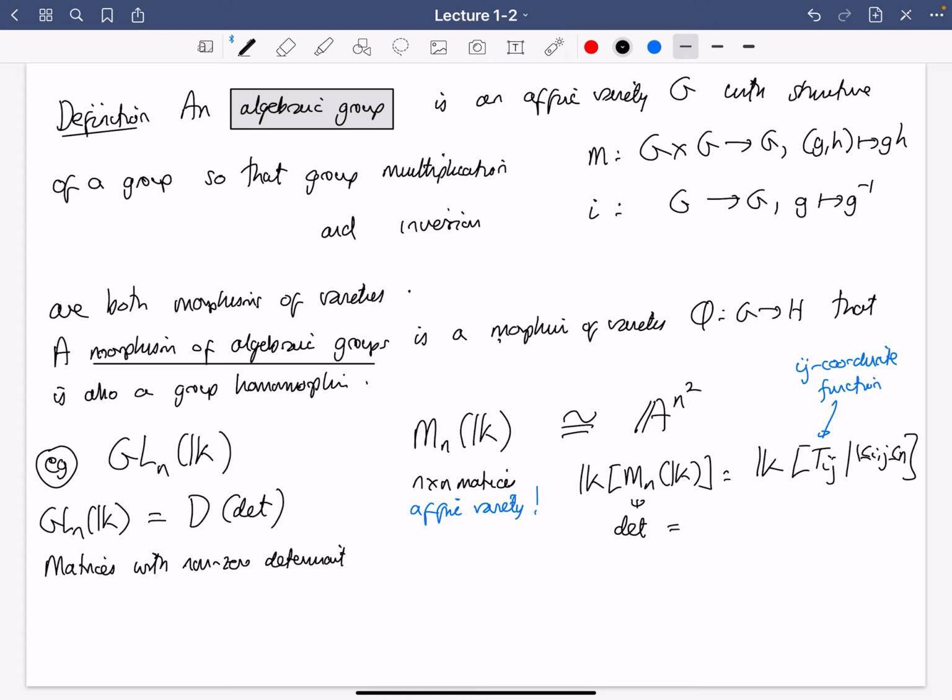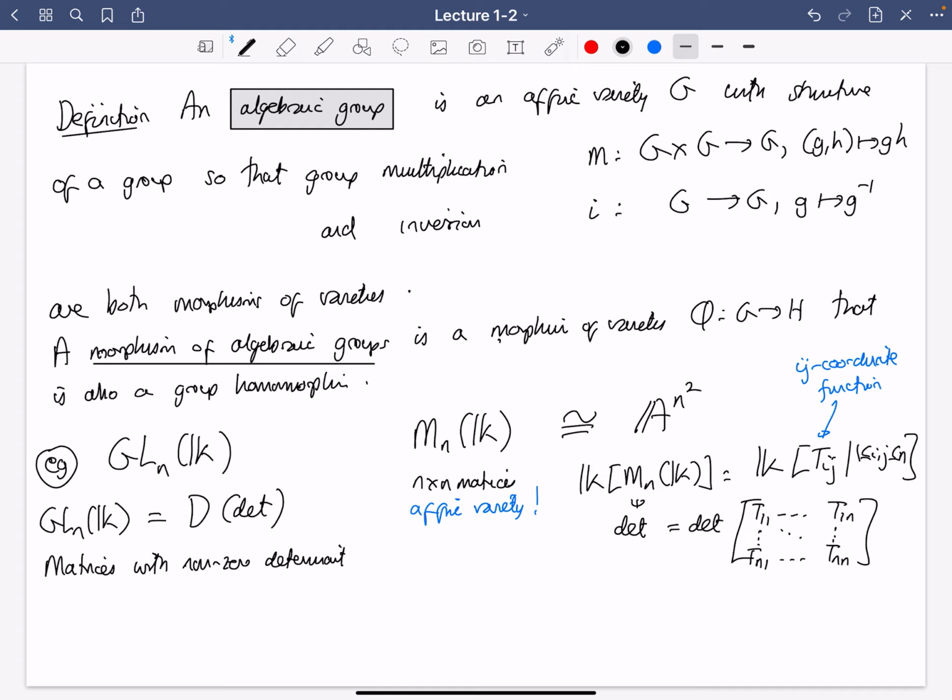Well, what I mean by det, of course, is the determinant of the n by n matrix whose ij entry is this ij coordinate function. Right? So that's an n by n matrix with entries in this commutative algebra, this polynomial algebra. So it makes sense to take determinant of it.